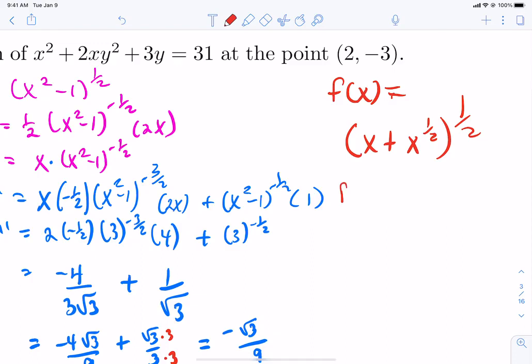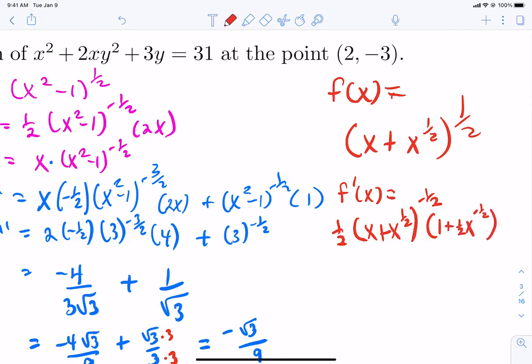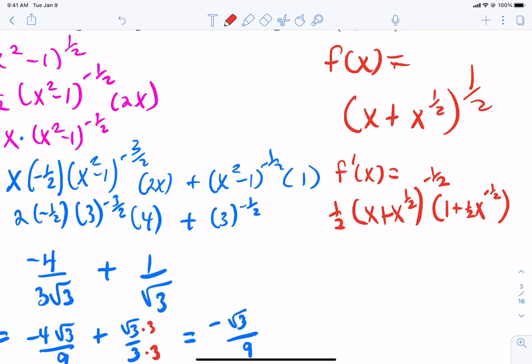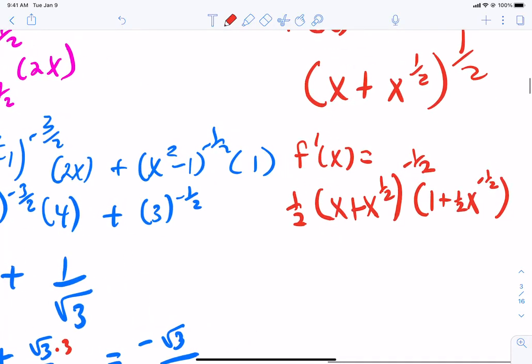And so the derivative is going to be 1/2. Leave the stuff alone. Power goes down by 1. Multiply by the derivative of the stuff. So the derivative of the stuff inside is going to be 1 plus 1/2 x to the negative 1. Now remember, in this one, we want the first derivative when x equals 1.